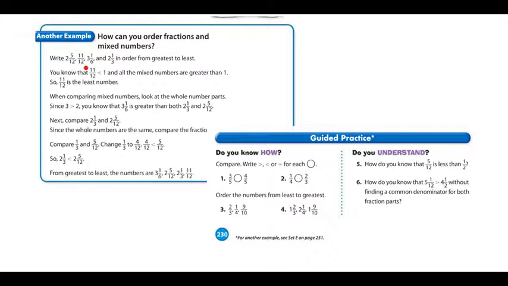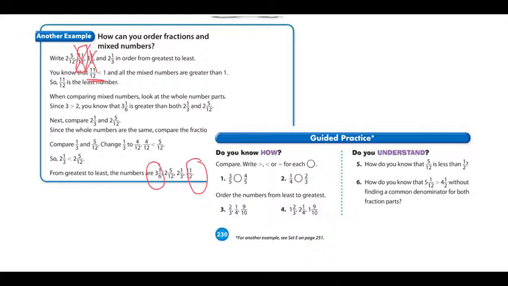You've got 2, 3, and 2. Well, 3 is obviously the highest, so I already know that 3 and 1/6 is my greatest, so I can cross that one off. Then 11/12 doesn't have a whole number in front of it, so I know that it has to be less than 1, which is what they showed here. So that one I know is my smallest. I can cross that off, and they've already got that here.